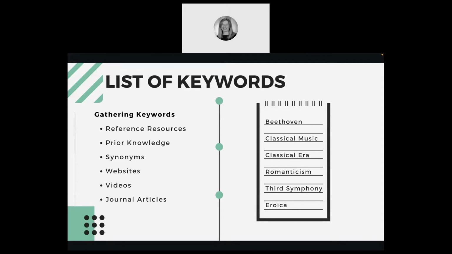On the right side is my list of keywords that I've gathered from some of the sources you see here on the left side: reference resources, your own prior knowledge, synonyms. As you go through websites, videos, and journal articles, you'll be gathering up and increasing your list of keywords. These are the types of words that you'll enter into the research databases.